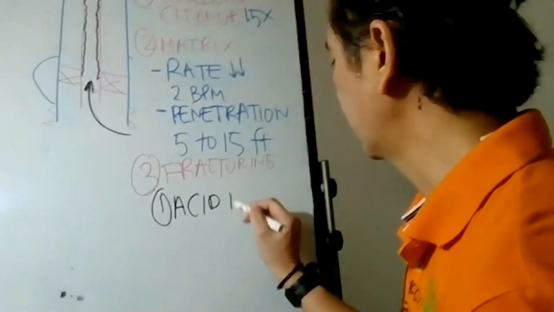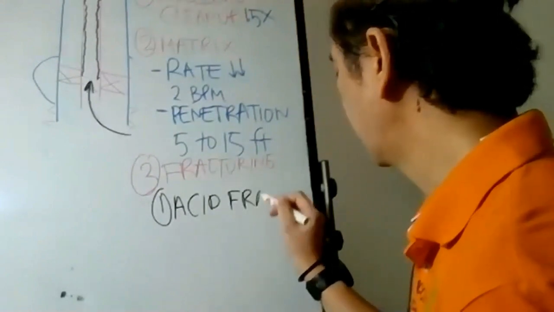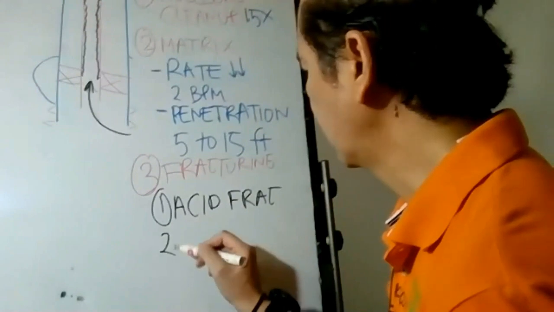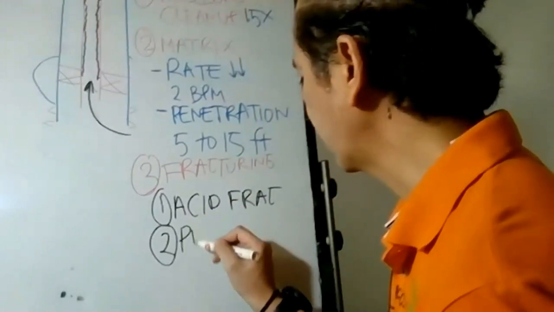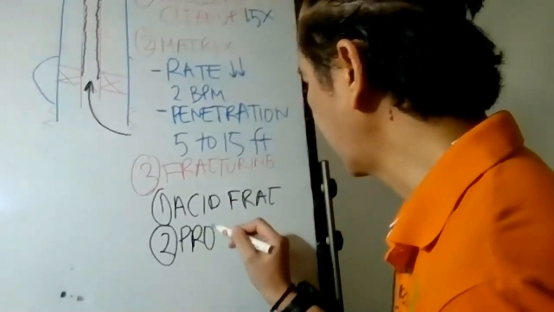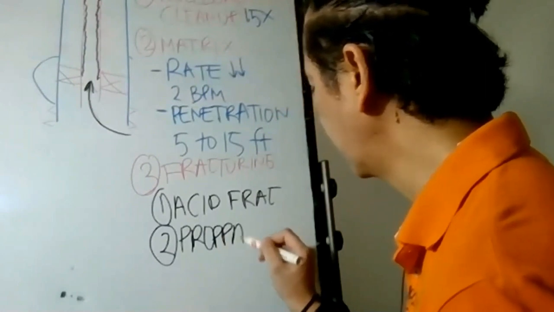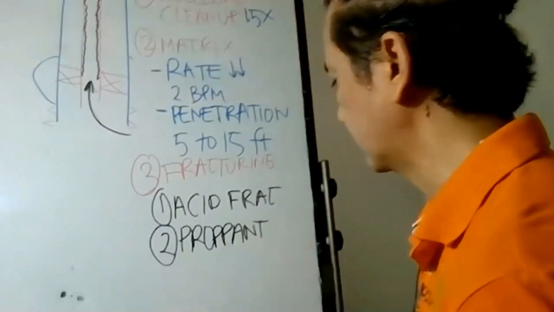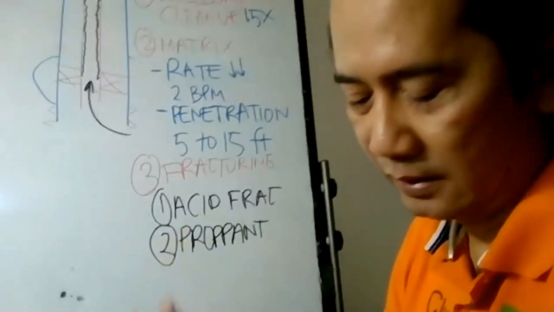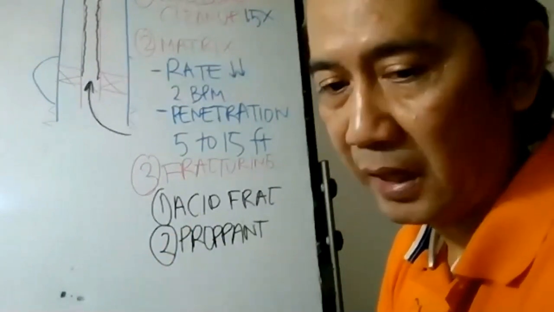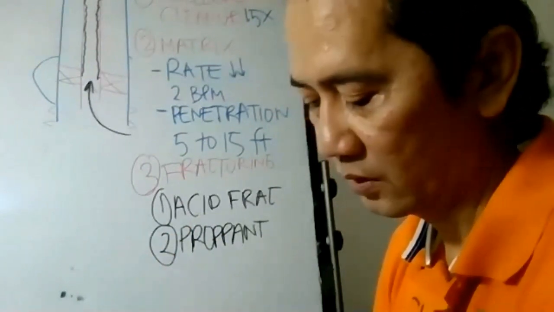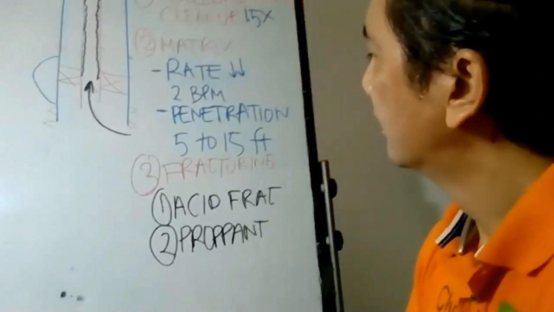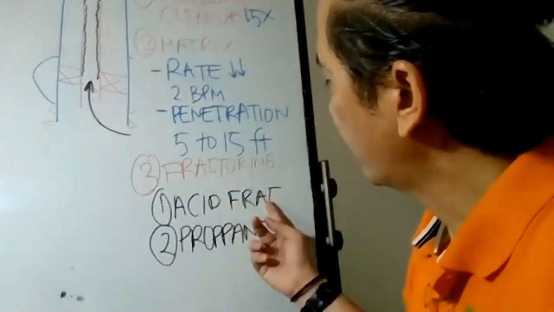You're pumping acid at a high rate, acid frac. Number 2 is proppant frac. So instead of using acid, you are using proppant. Proppant is a sand material, right? But it's a man-made sand. We call it proppant. So there are acid frac and proppant frac.